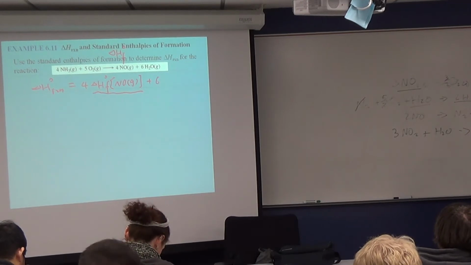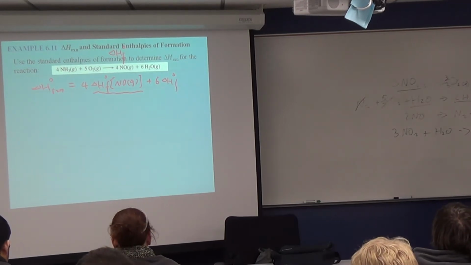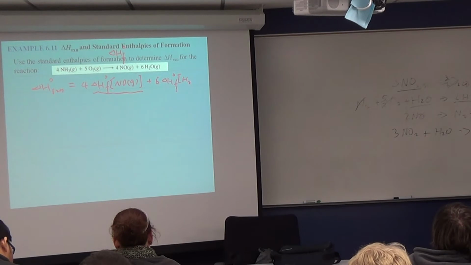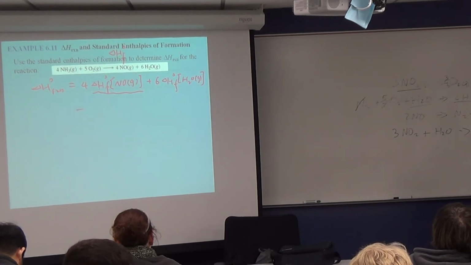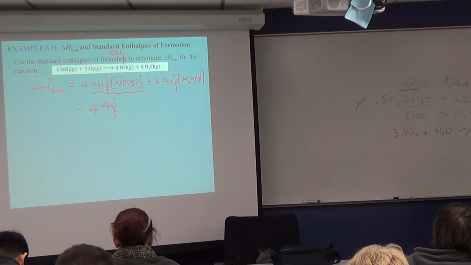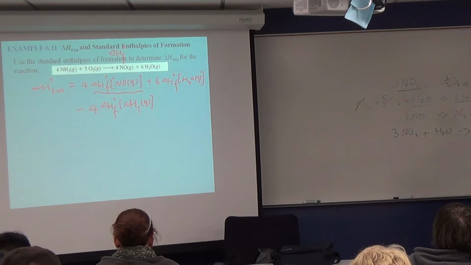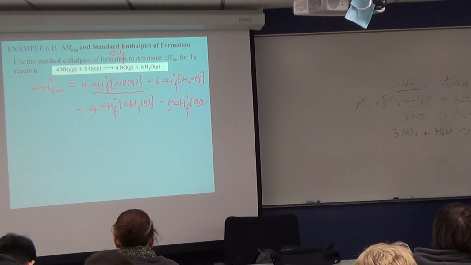Then plus 6 delta HF0 for H2O gas. Right now I'm just writing the notation out, I don't have the numbers. Then subtracting 4 times delta HF for NH3 gas, and subtracting 5 times delta HF for O2 gas.